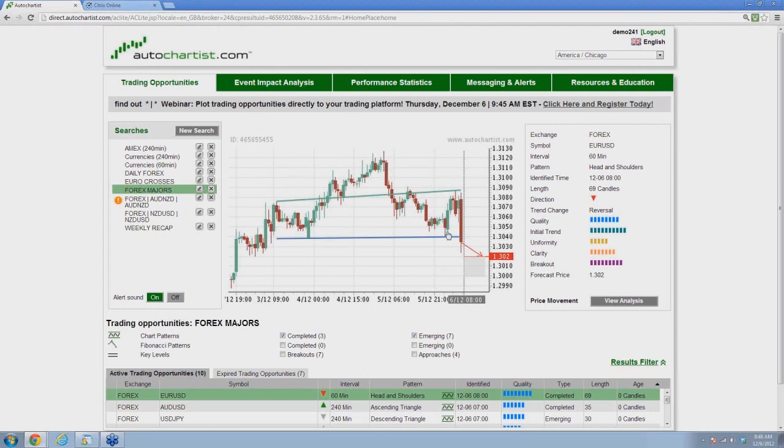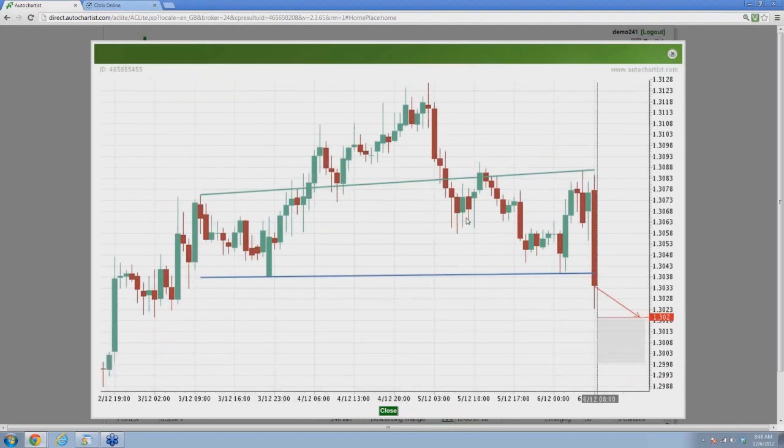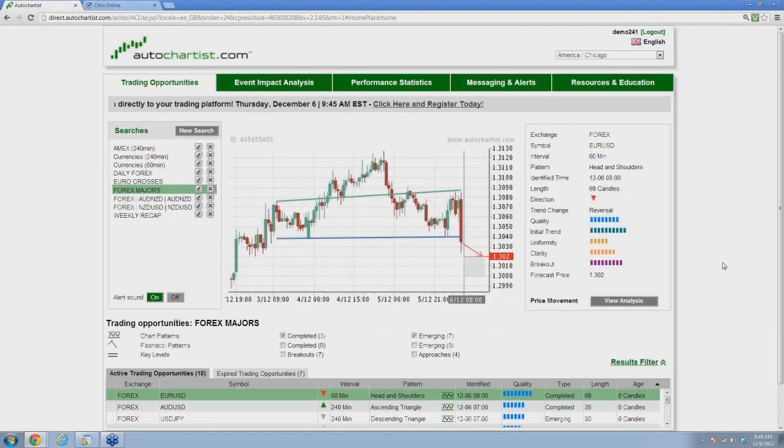That's the way I look at it. Here's a euro dollar head and shoulders today. I like to see this kind of stuff, but mostly triangles where things get compressed.